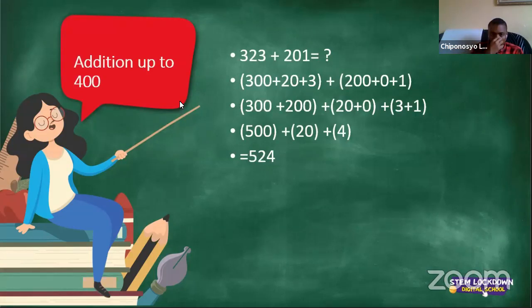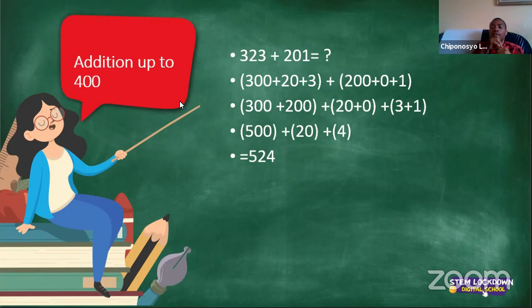So let's start it again. First step is we break it up into place values as the original number. It was 323 plus 201. So it's going to be 300 plus 20 plus 3. Then the one for 201, it's going to be 200 plus 0 plus 1. Then we go to the next step.